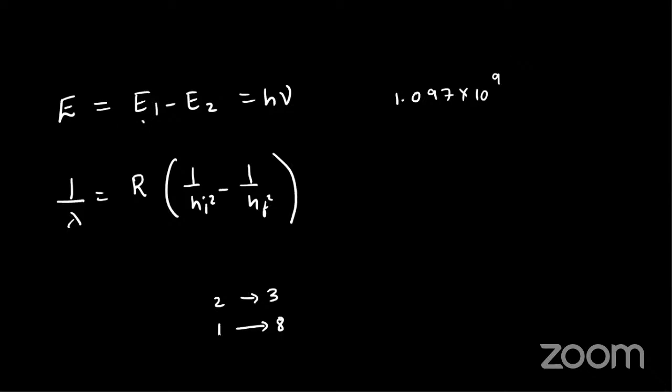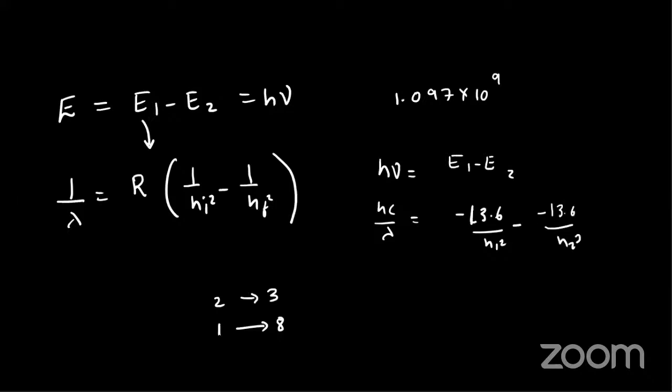You might ask me, sir, how did I get this formula? It's very simple. If you notice, h nu is equal to E1 minus E2. hc by lambda is equal to minus 13.6 by n1 square minus (minus 13.6 by n2 square).